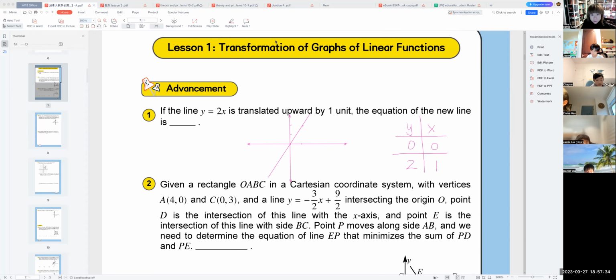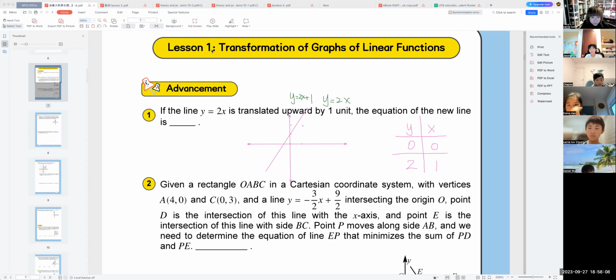So this one is called y equals 2x. Did you get it, everybody? So this one we have learned before, right? Okay, so now if I want to move this line up 1 unit, everybody take a look. Don't move your eyes. Everything else will be the same, but y equals 2x plus 1.